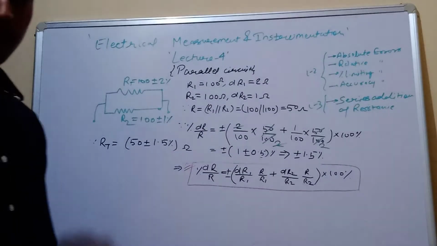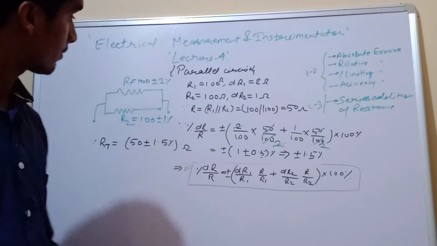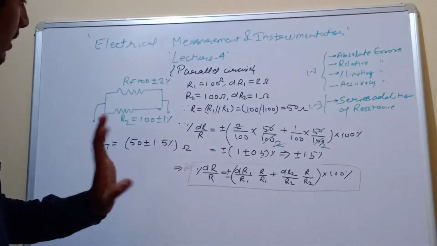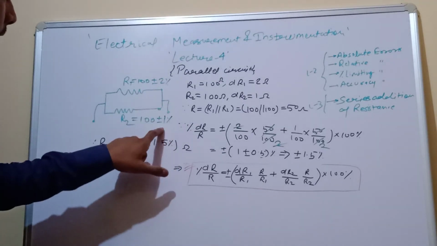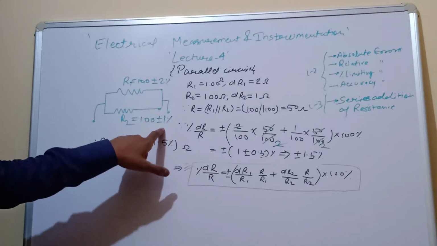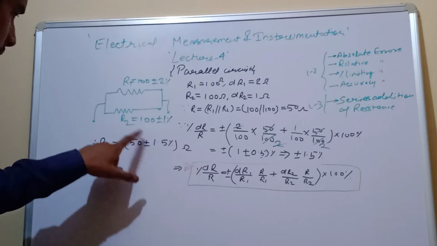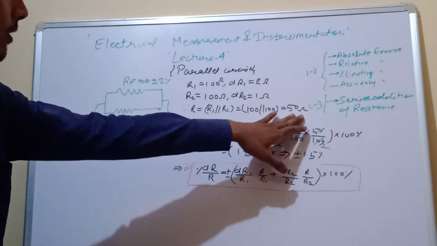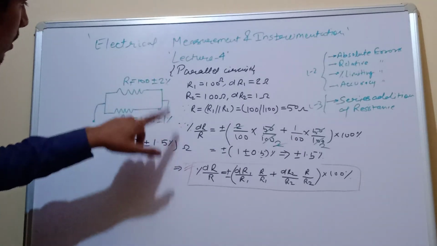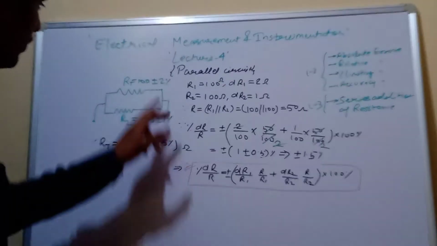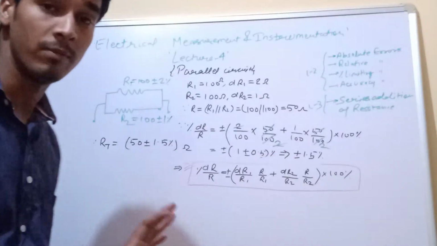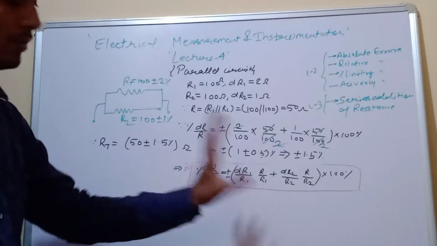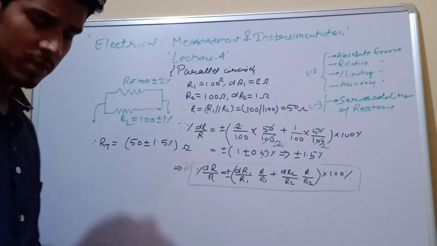So this is the way that we can handle the parallel connection of the resistances when their percentage limiting errors are given. Okay, then we can get RT as 50 ohm. 50 ohm you can get directly easily, like R1 R2 upon R1 plus R2, 50 ohm, but we cannot write down 2 ohm and 1 ohm, 2%, and we cannot directly add 2% and 1%. Okay, we have to follow this standard procedure. So this is the way.